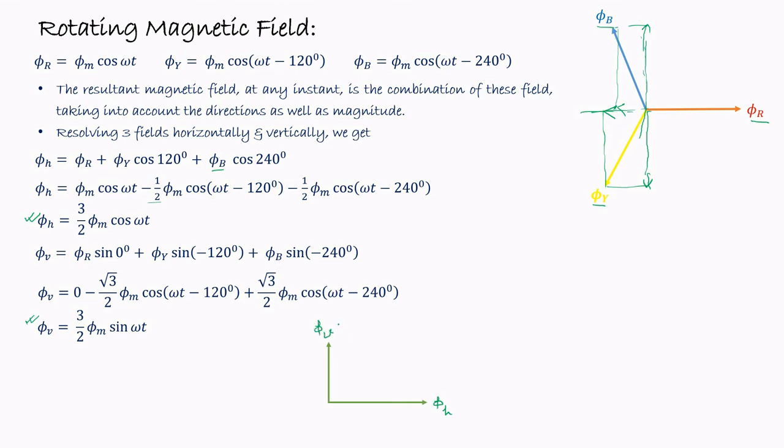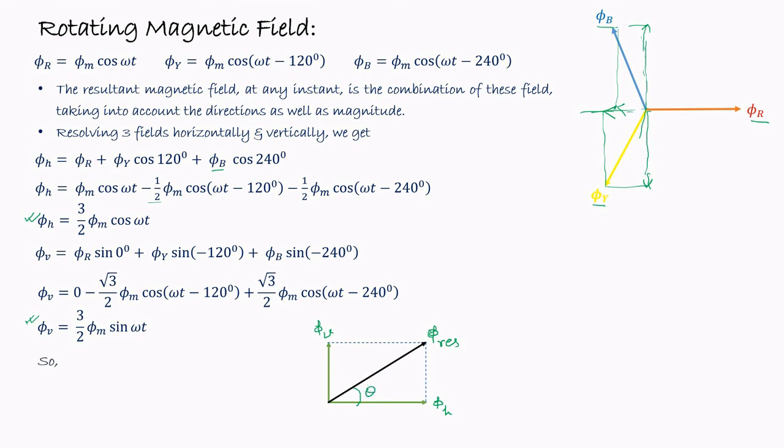Therefore, the resultant will be the combination of these two fluxes. So here we will get the resultant flux. This is the resultant flux which is produced by the three-phase magnetic field. Here we can see that the resultant flux makes an angle with the horizontal line also. Let's say it is theta.